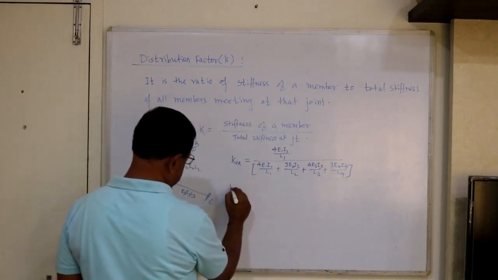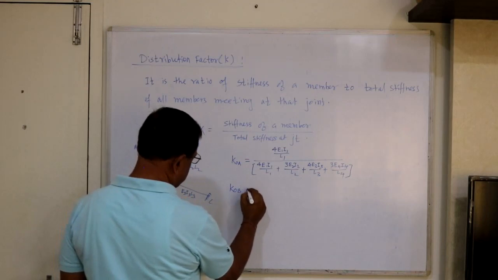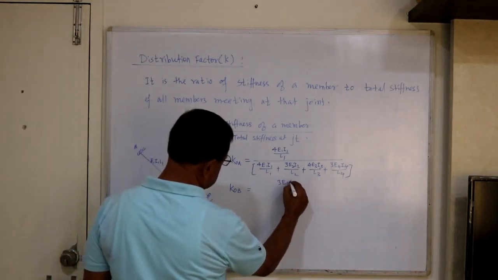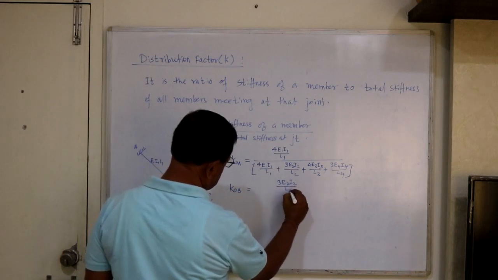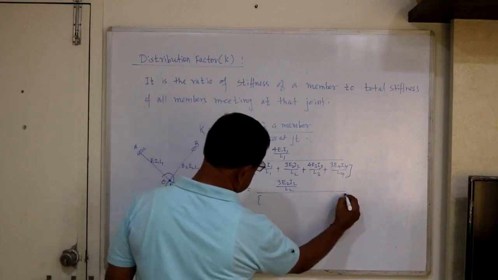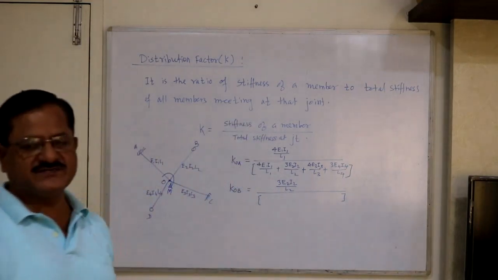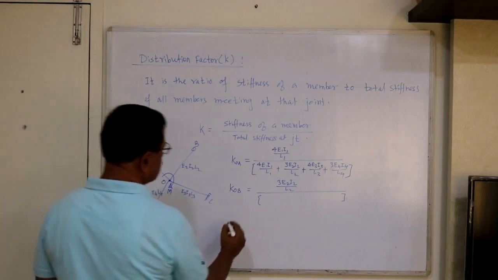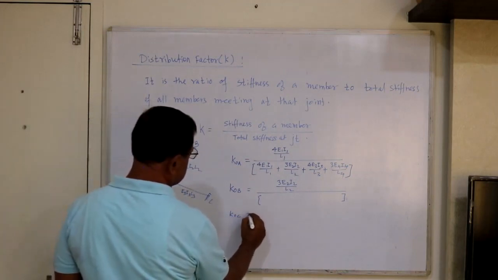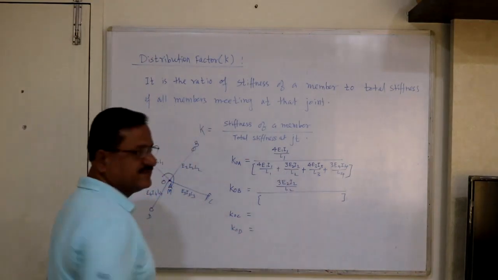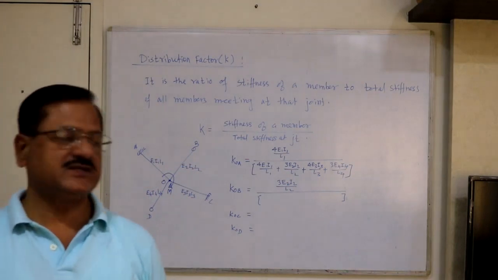Similarly, if you want to find out KOB, this will be equal to the stiffness of OB, 3 E2 I2 divided by L2, divided by this total stiffness. The denominator always remains the same, the total stiffness. Similarly, you can find out KOC and KOD by using the stiffness of that member divided by the total stiffness.